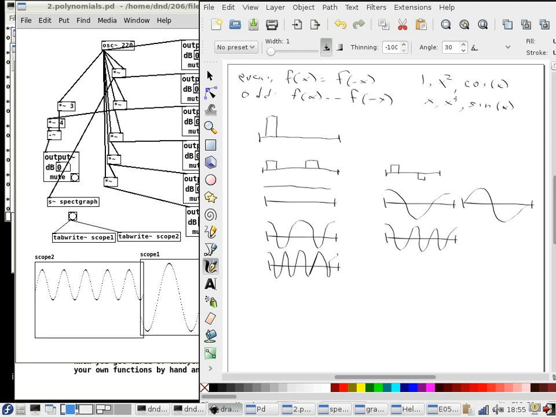If you think 0 is in the middle of this thing, then this is an even function and this is an odd function. But they are both an odd harmonic. So even and odd function does not mean even and odd harmonic in that sense. If you think of the harmonic itself as a function, it's not even or odd depending on whether the harmonic is an even or odd number. That's a different thing. And there, evenness and oddness is whether you have a sine or a cosine phase in that partial.